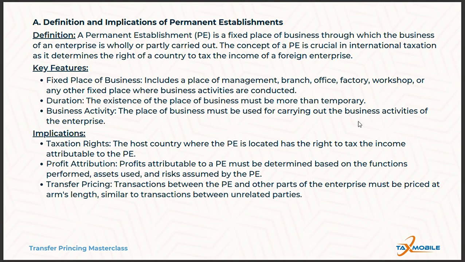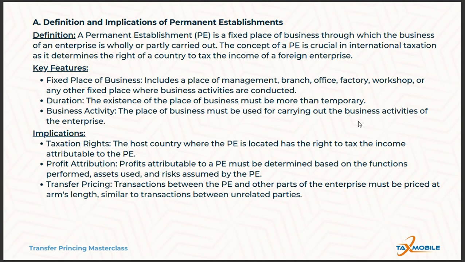Now, let's look at the key examples of a permanent establishment, or what could trigger a permanent establishment. The key examples of what can trigger it are a place of management, a branch, an office or a factory, a construction site or an installation project that lasts for a certain period, usually beyond 6 months, as stipulated in most double taxation agreements.